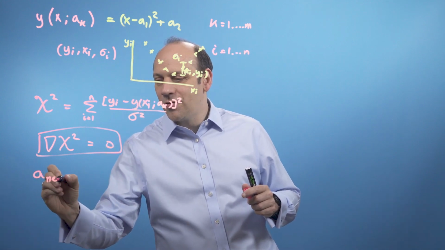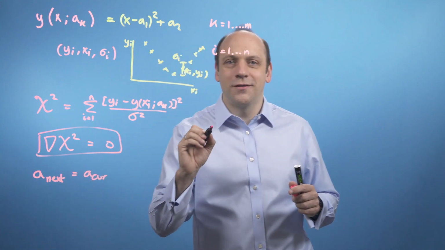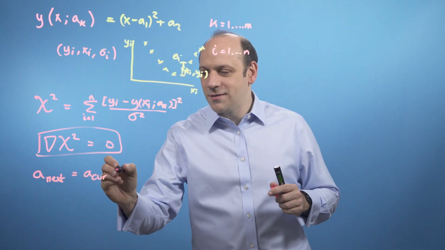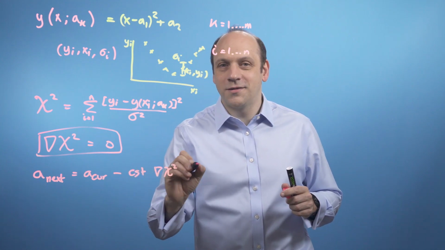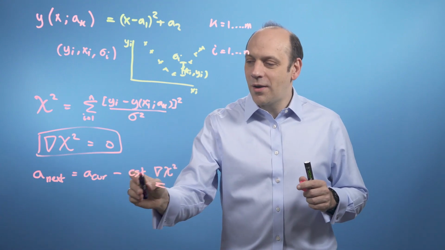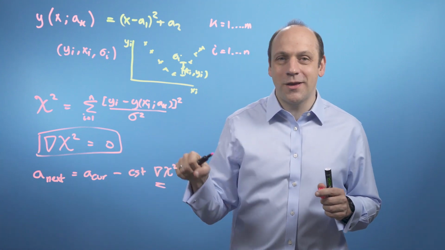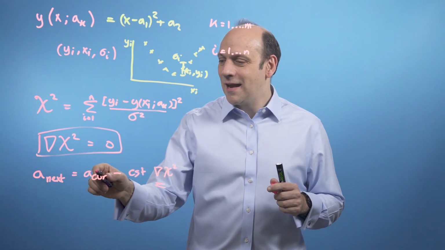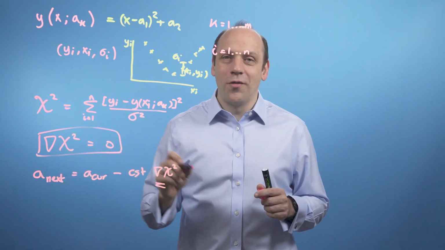I'm going to say that my next iteration is going to be my current iteration minus some constant times the grad of chi squared. So I'm going to go down the gradient here by an amount given by the constant, which is sort of a pull handle for how aggressive I want to be in going down the steepest descent. And that I'm going to use to make my next guess for what the fitting parameters should be.